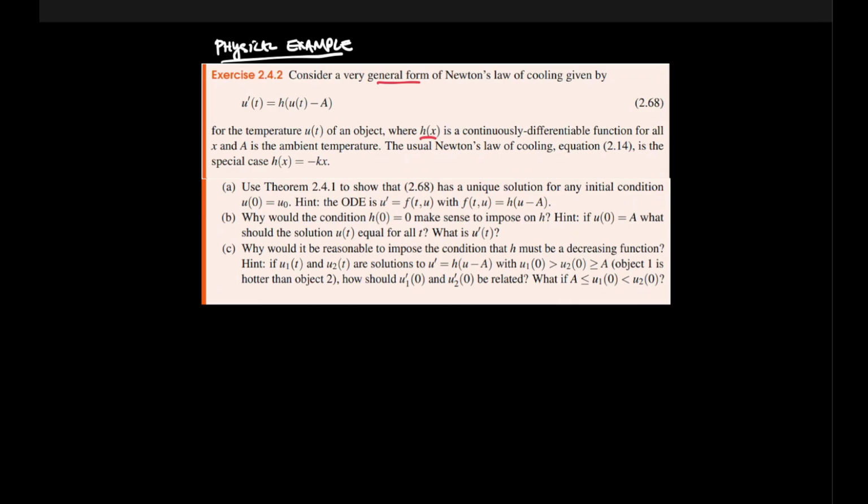The typical law of cooling that we use was what we've seen before, that h of x is really just negative k, some constant of proportionality, times the difference between the object and the ambient temperature, right? So how fast something cools is proportional to the difference between their temperatures.